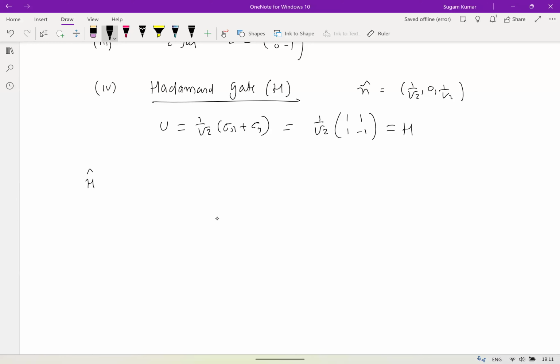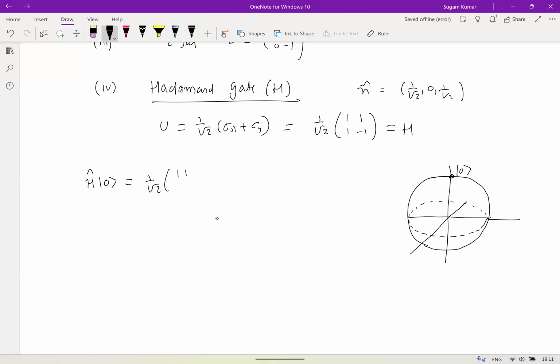What it will do, let us look. If I operate H on 0, again let me draw that sphere. This is 0. So when you operate on 0, look at 1 by root 2 times the matrix 1, 1, 1, minus 1, and this is nothing but 1, 0.